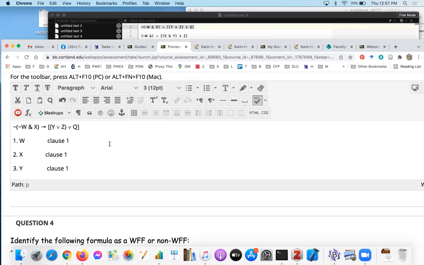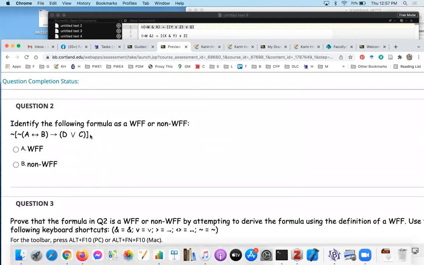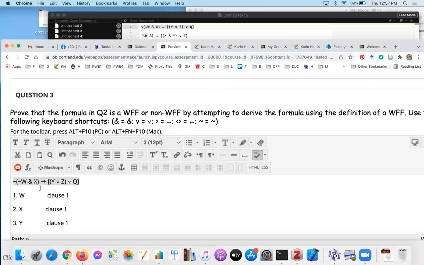Okay. A word about copying and pasting also. So at this point, I could just copy and paste this whole formula. So maybe, it's the formula you've got right up here, right? You could copy and paste that at this point. But here's the thing about copying and pasting symbols in Blackboard is that sometimes they'll break and turn into gibberish. I haven't had it happen a lot with these kind of questions.